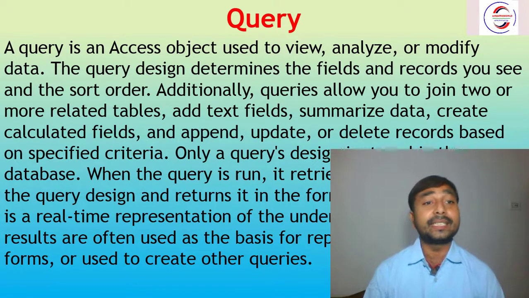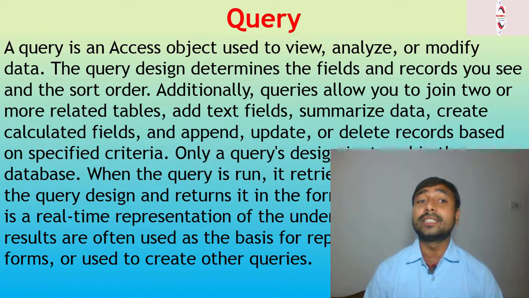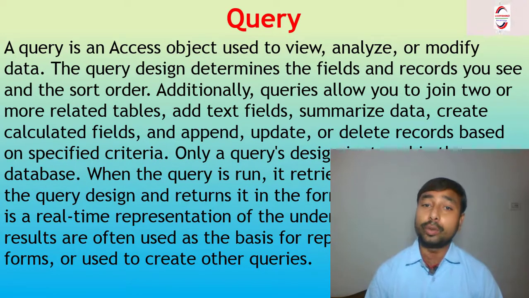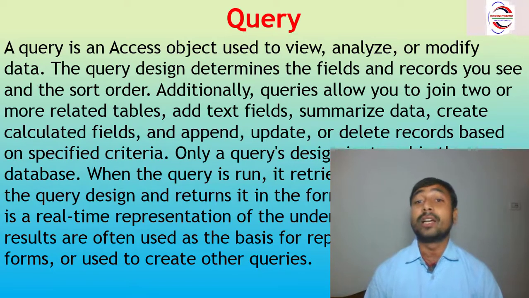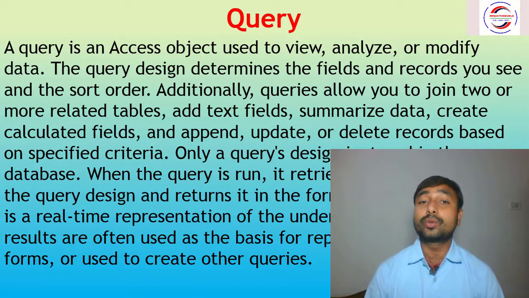So in MS Access or any database, query is one of the most important features. With the help of that, we can find only those records, only that data which I need. Suppose I have a large amount of data in a school record.